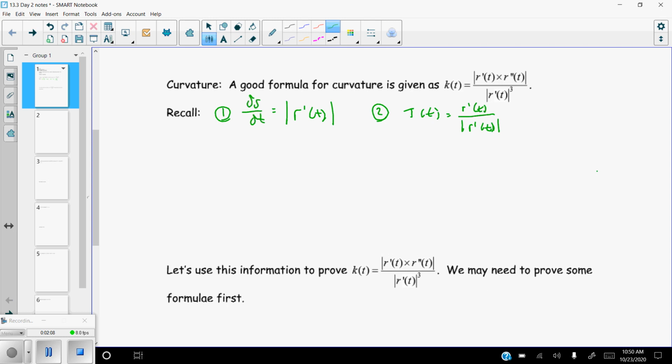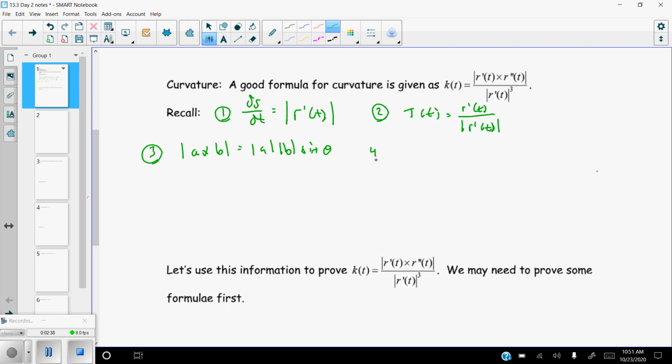Because r prime of t is the tangent vector, but the unit tangent vector, T of t, is dividing it by its magnitude, so it gives it a length of 1. Okay, the third thing, which is just a flashcard, is that the magnitude of a cross b is the same thing as magnitude a, magnitude b, sine of the angle in between.